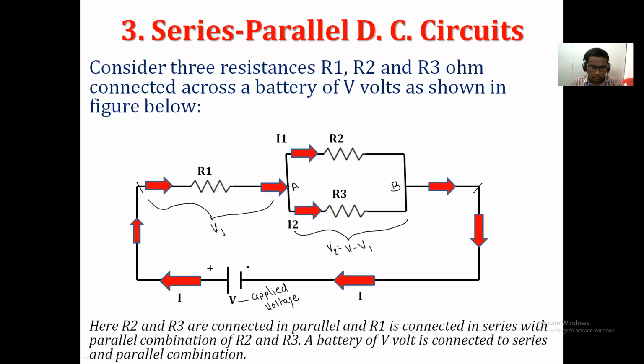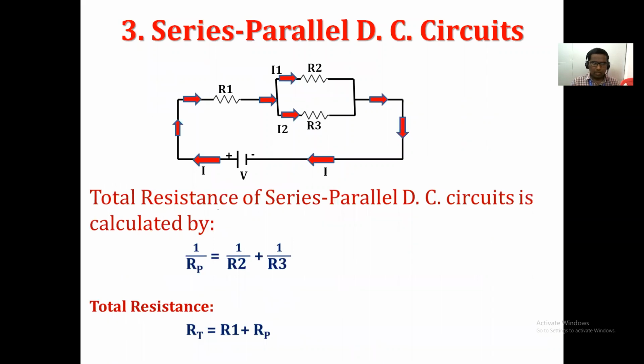Okay, let me go to the next point. Again, I have considered the same circuit diagram, and we have to calculate the total resistance of the series parallel circuit. As we know, resistors R2 and R3 are connected in parallel. So how can I calculate the total resistance of a parallel circuit?